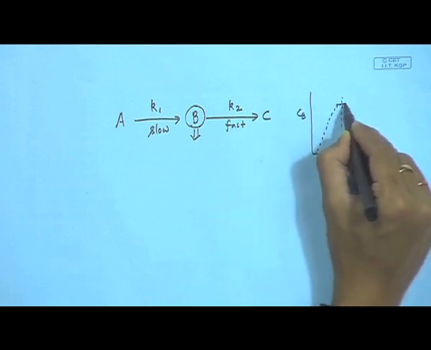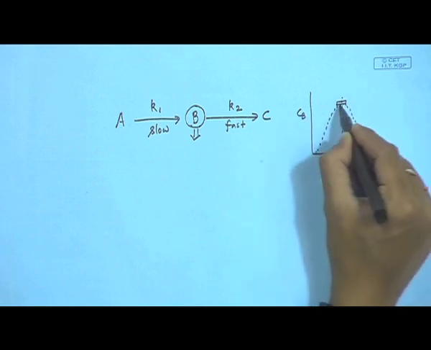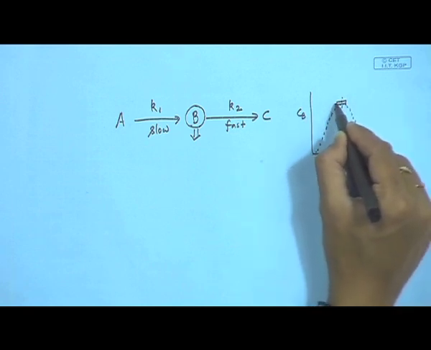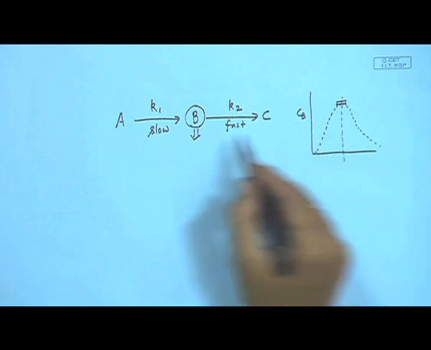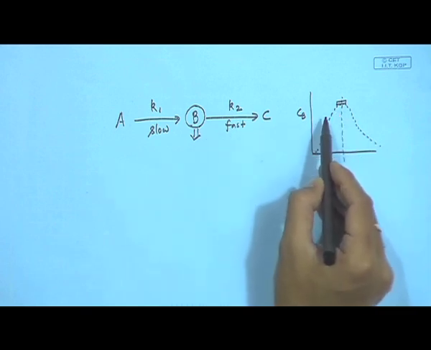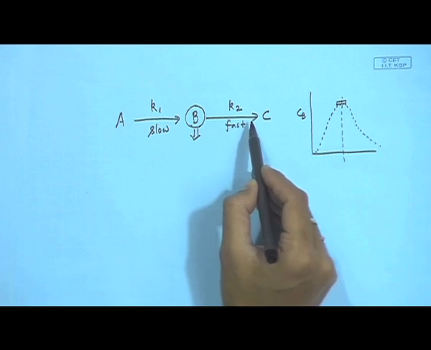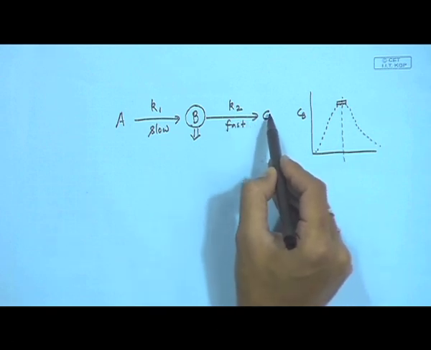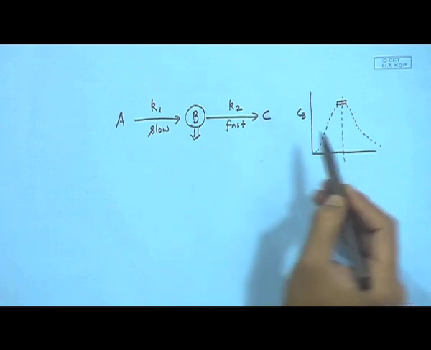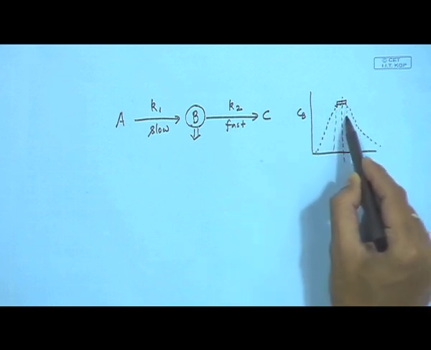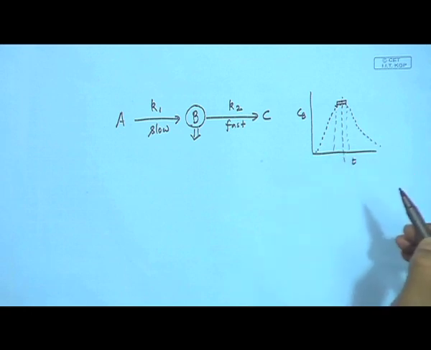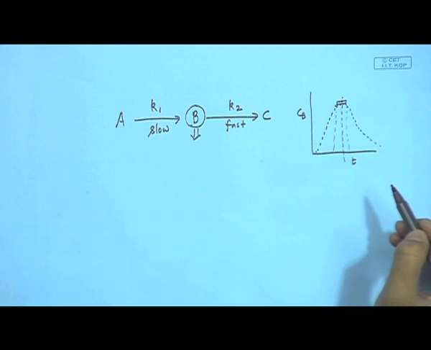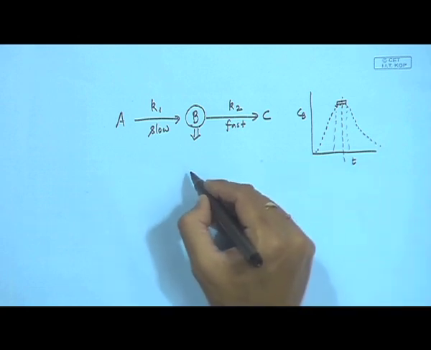Now, you see that in this vicinity of time the concentration of B is not changing a lot. For this period of time you may think that the concentration of B is not changing, although if you think of the whole time course, at the end the reaction product is primarily composed of C. But for a certain period of time the concentration of B remains steady with time. So, that is called the steady state approximation.